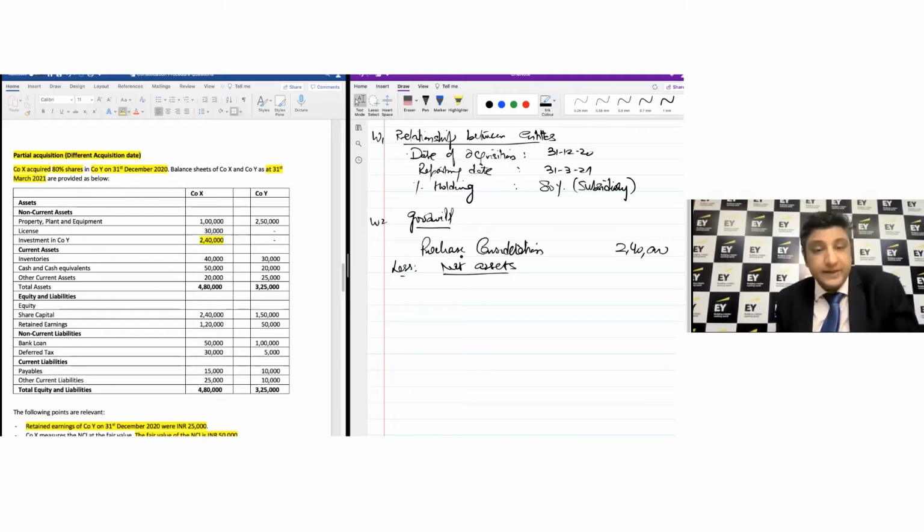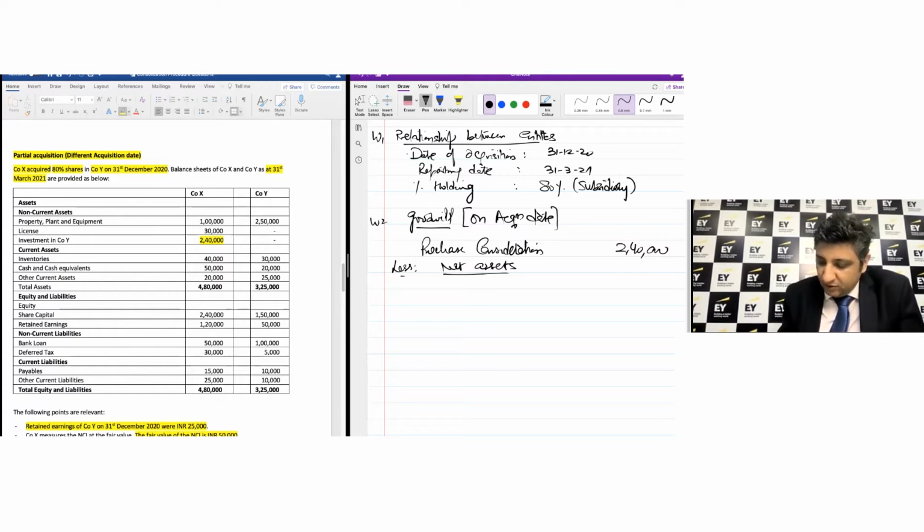Now, importantly, you want to remember this is something which is done on the date of acquisition. So we need the net assets information on the date of acquisition, not on the reporting date.